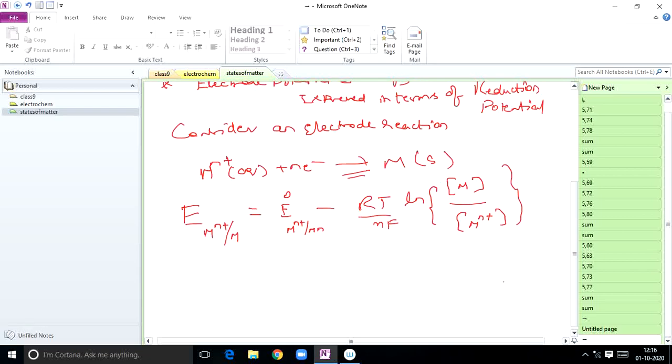What is this expression, students? The electrode potential at any concentration of a particular electrode, that is E of Mn+ by M, is equal to E naught, which represents standard reduction potential, that is the standard electrode potential of a particular electrode, minus RT by nF into ln of concentration of M by Mn+. So what does this term E of Mn+ by M indicate?